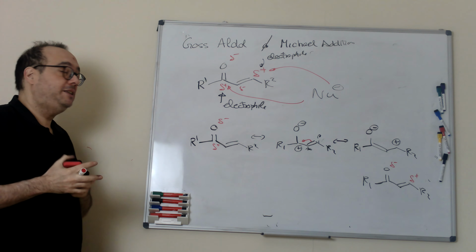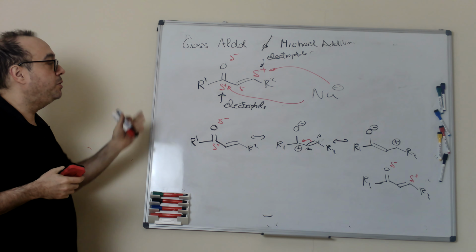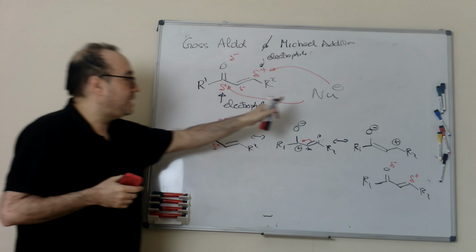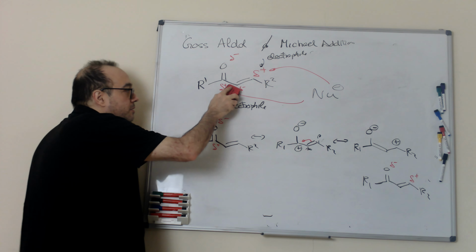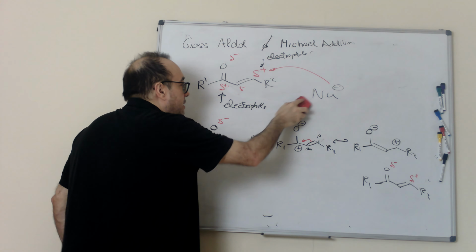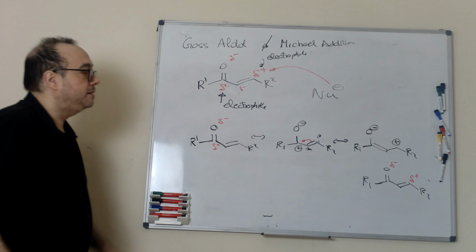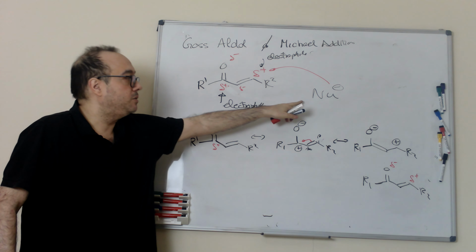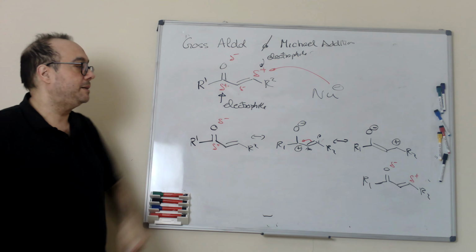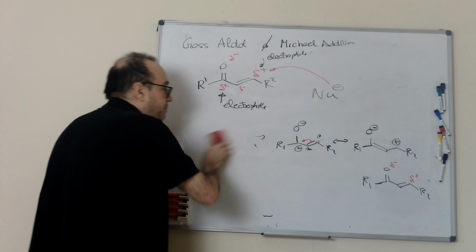But you are lucky because in this course we will only study the reaction with nucleophiles in the beta position. We will not talk about the 1,2 position in unsaturated systems. In this type of compounds, the nucleophile only will attack the beta position.